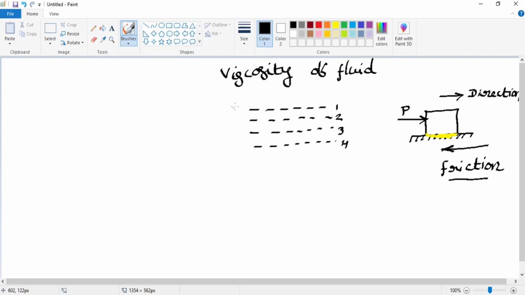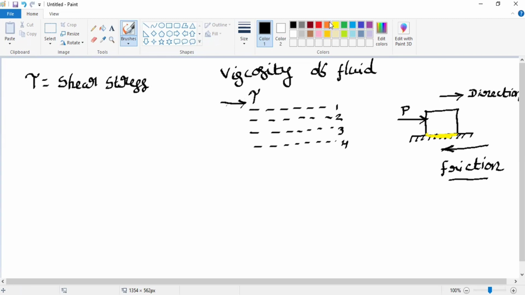Now, if you apply shear force, there will be shear stress acting. Here, tau is the shear stress. To move the fluid particles, we have to apply some small amount of shear stress.